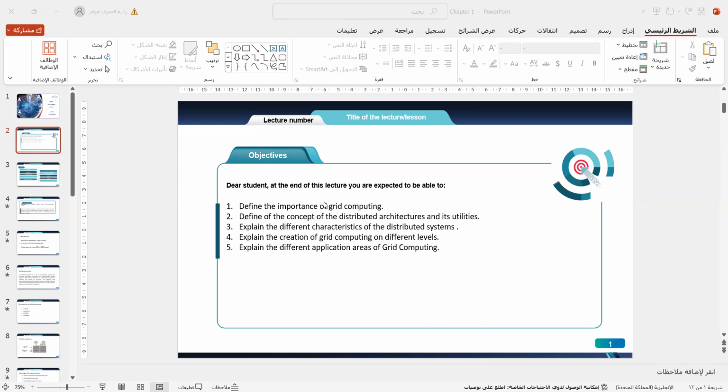Second, define the concept of distributed architectures and its utilities. Third, explain the different characteristics of the distributed systems. Four, explain how to create a grid computing on different levels. And finally, explain the different application areas of grid computing.